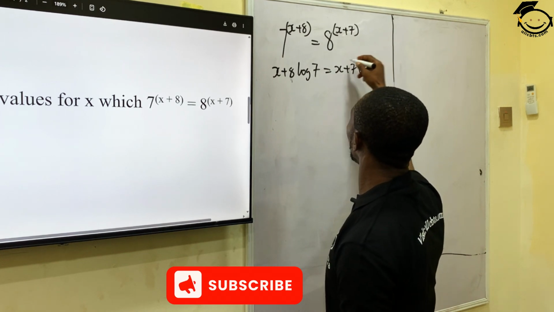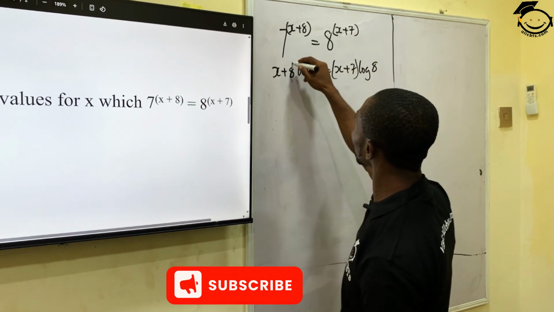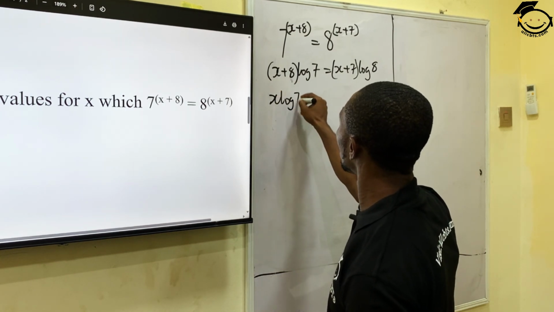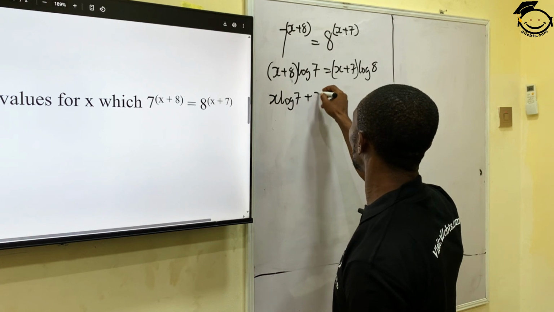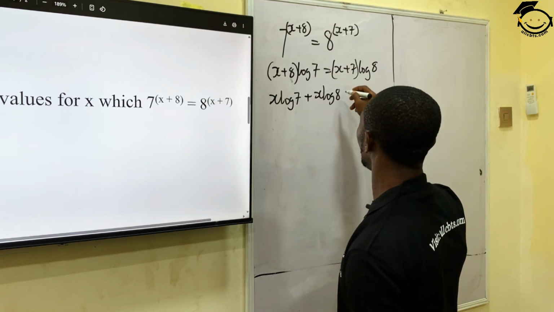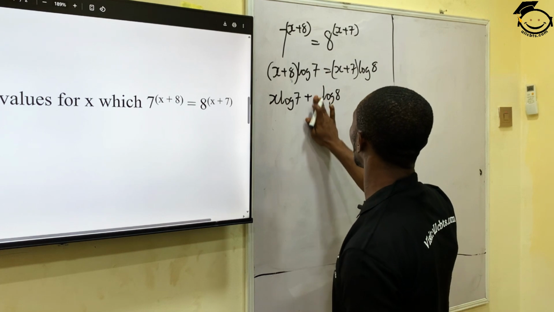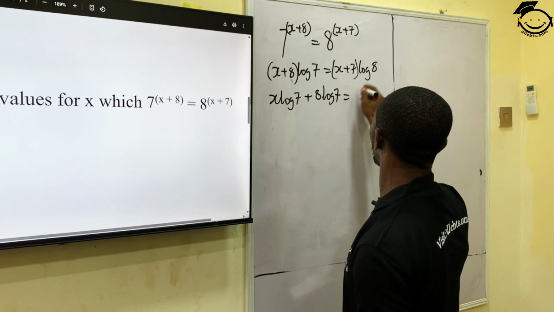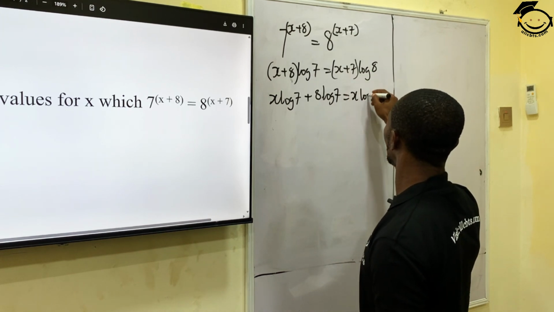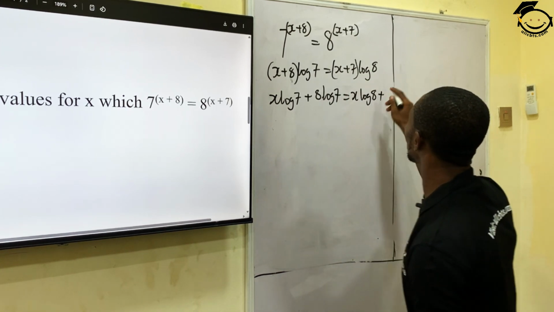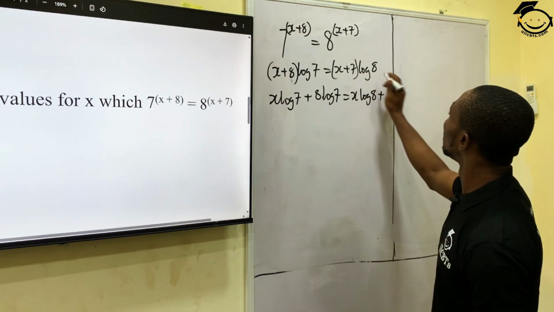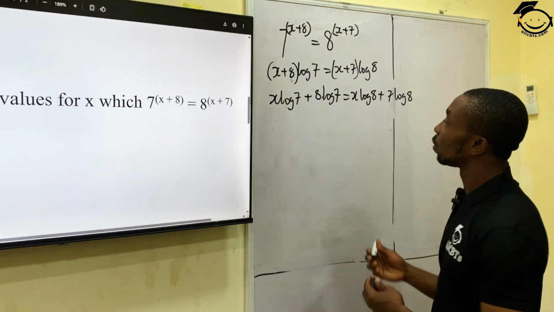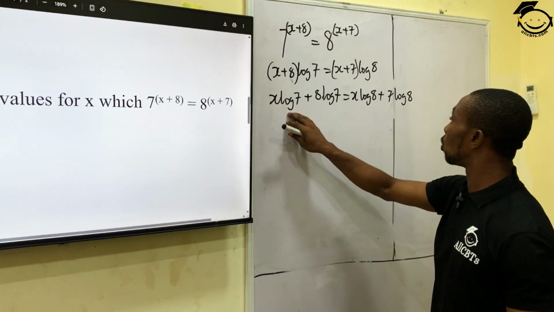So expanding this, we have x log 7 plus 8 log 7 equals x log 8 plus 7 log 8.